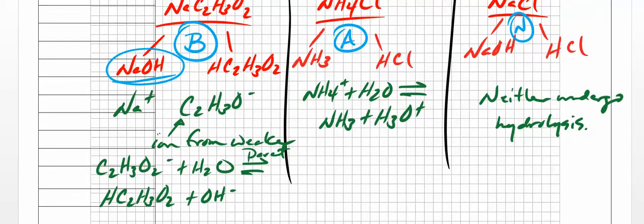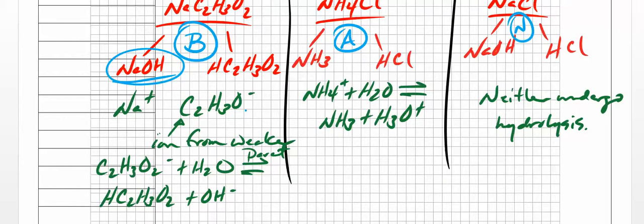My question is, what is the ion that was produced by the sodium hydroxide? Well, it was Na+. Well, what was the ion that was produced by the acetic acid? Acetate ion, C2H3O2-, right? Combine them and you get NaC2H3O2, right?